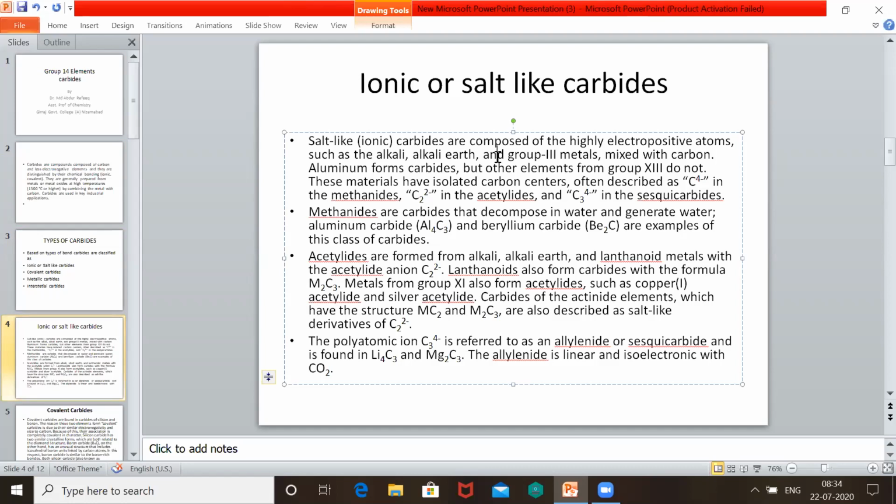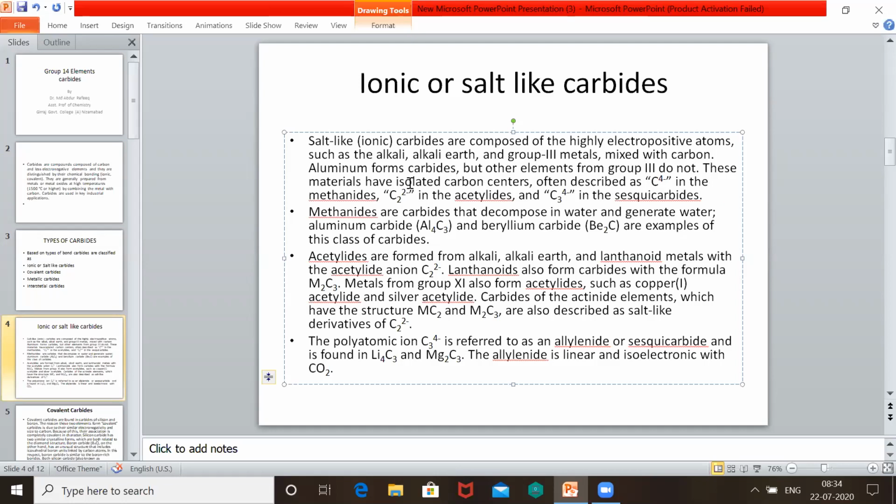Then we have group 1A and group 2A elements, called alkali metals and alkaline earth metals. So carbon joins with alkali or alkaline earth metals and some of the group 3 elements. Boron and aluminum form carbides, but other elements of group 3 do not form this type of carbides.